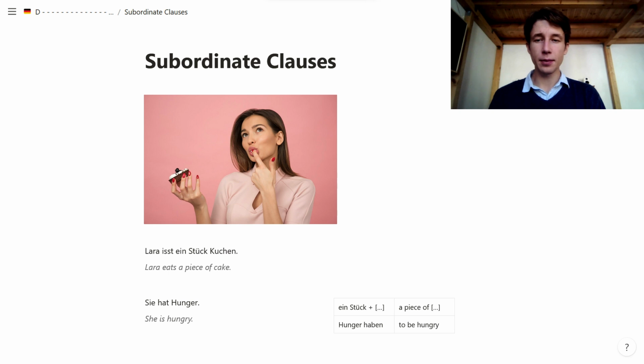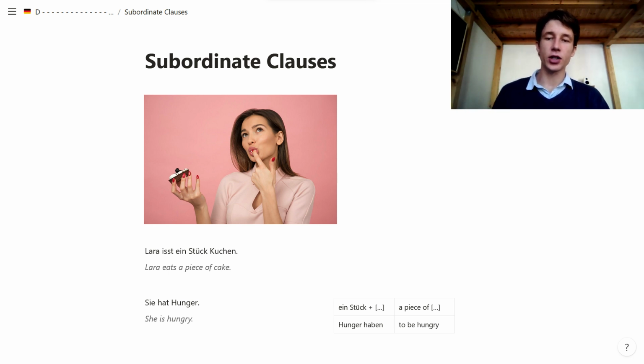Now, two little vocabulary entries that you can see on the right side here. In German, when you want to say a piece of something, you don't need the preposition, any preposition like of. You can just say ein Stück something, a piece, cake, literally. And then also Hunger haben, to be hungry.